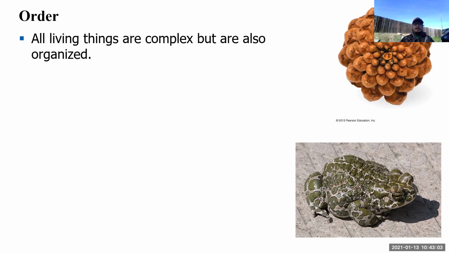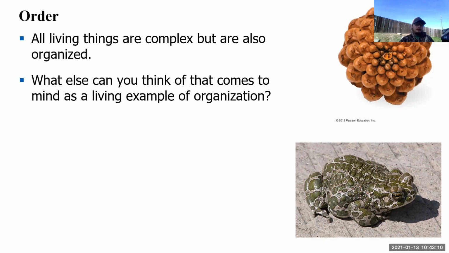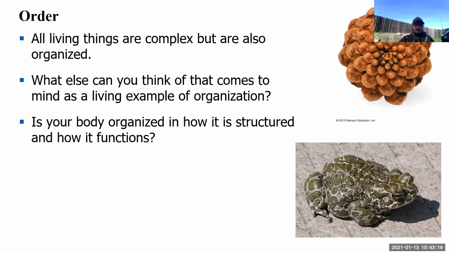and there's a lot of organization to how living things are put together and developed, I guess you could say. And whenever you think of a living example of organization, there are a lot of different things that could pop up. But think of how cells are organized into tissues.